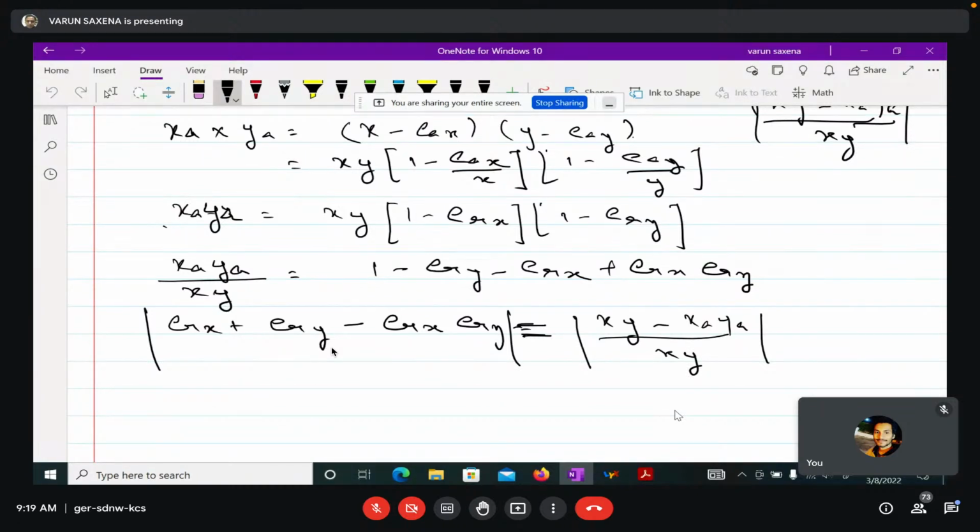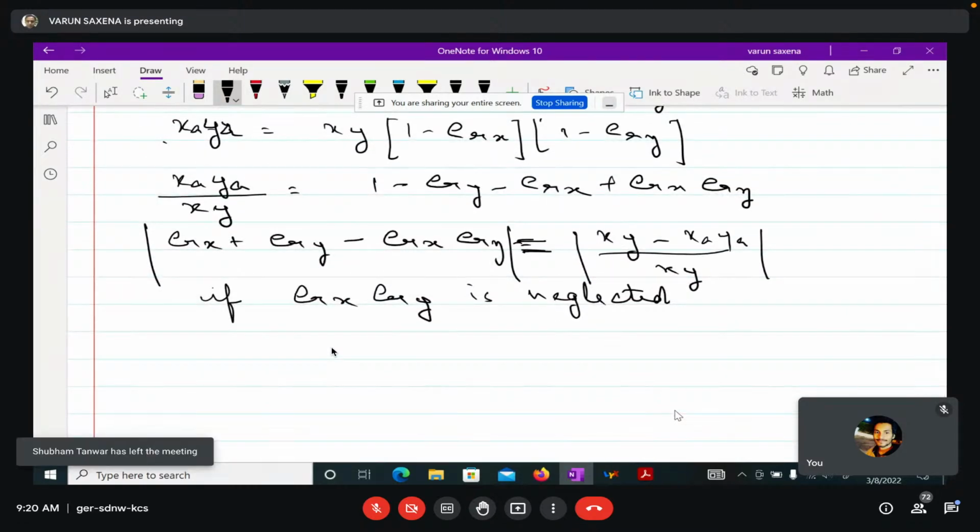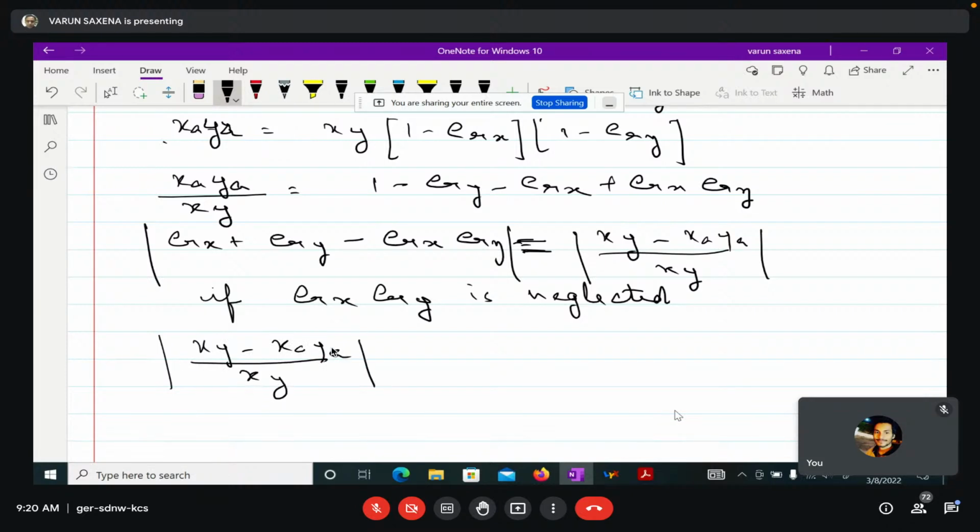If erx ery is neglected, and I've just told you why it will be neglected, because it's much smaller than both erx and ery, then one can say that the relative error in the product, which is this quantity, is going to be the relative error of x plus the relative error of y, which would then be simply less than or equal to the relative error in x plus the relative error in y.